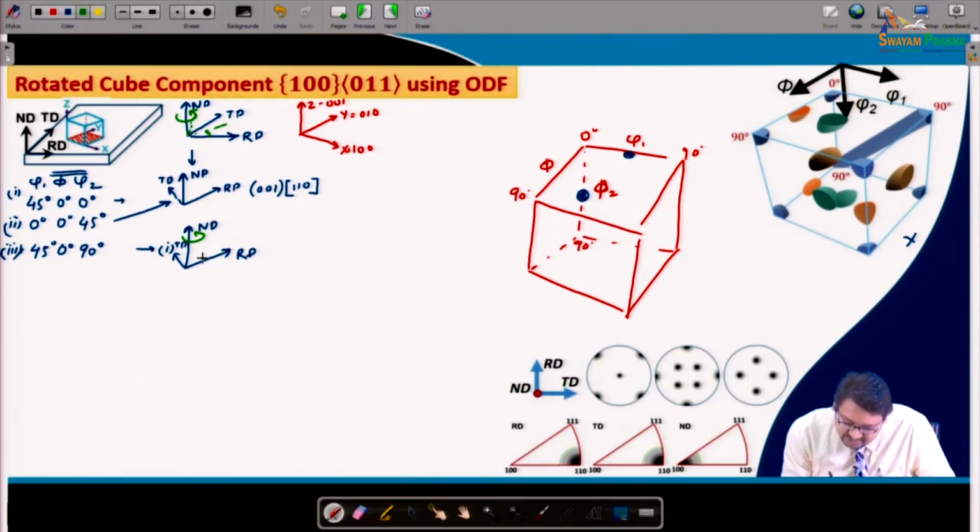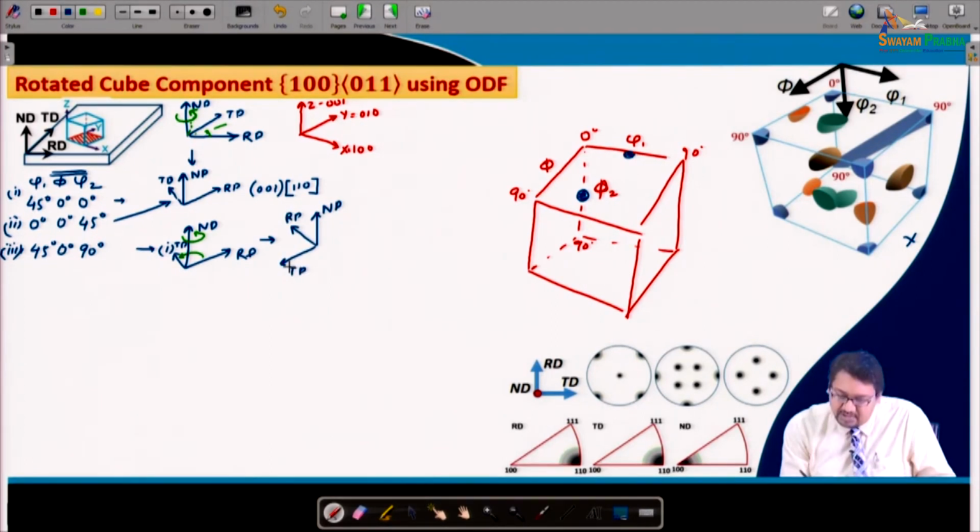The RD goes to TD, right, and TD comes out like this: ND, RD and TD. So, RD becomes parallel to 1 bar 0 0, TD becomes parallel to 0 1 bar 0, and ND remains parallel to 0 0 1.